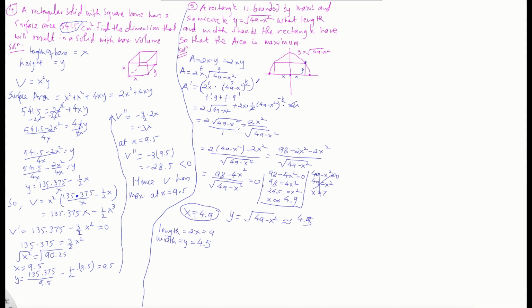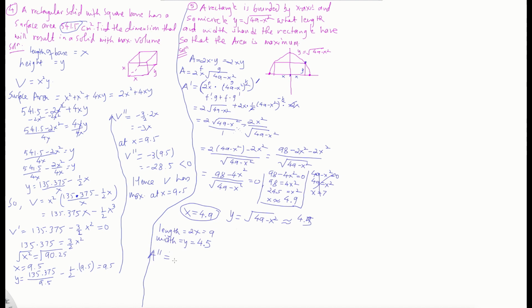Okay. Now we want to check that the second derivative for this x and y value is negative, because for the maximum we need the second derivative to be negative. So let's find the A double prime. If I find the A double prime, what do I get? I need to use the quotient rule for that, right?